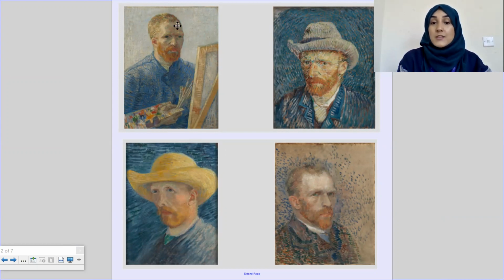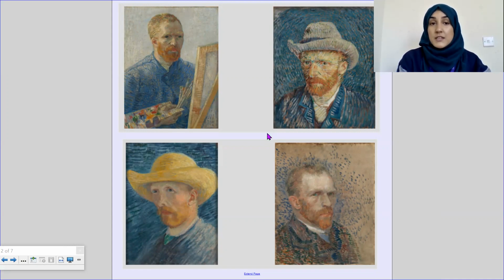In the two where he is not wearing a hat, the background is beige or white or a creamy color. In this one here, you can see that he maybe has a mirror in front of him, and while he's looking at himself, he's painting, and he's even painted his canvas and the paintbrushes and the paint that he is using. So this is quite a unique one.